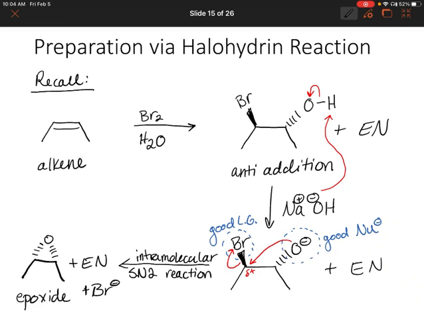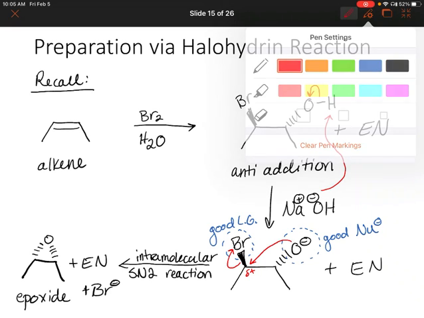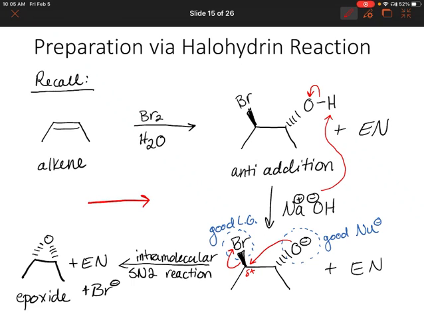So again, this is another way that you can make an epoxide. So if you were trying to use this reaction, what you could do with your arrow, if you just wanted to go straight to the epoxide, just write Br2, H2O, NaOH. So that will take you from your alkene straight to the epoxide.